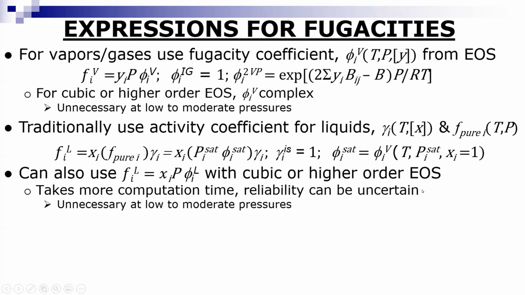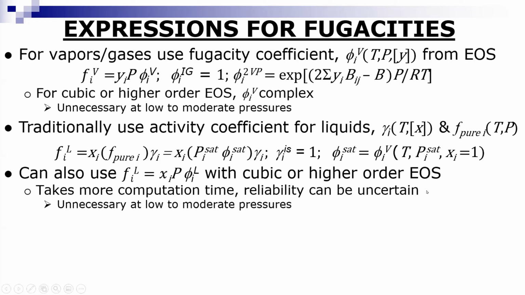But if you've determined the parameters for your model at low pressure, those forms of equations of activity coefficients from equations of state will take you to a higher pressure with some reliability.